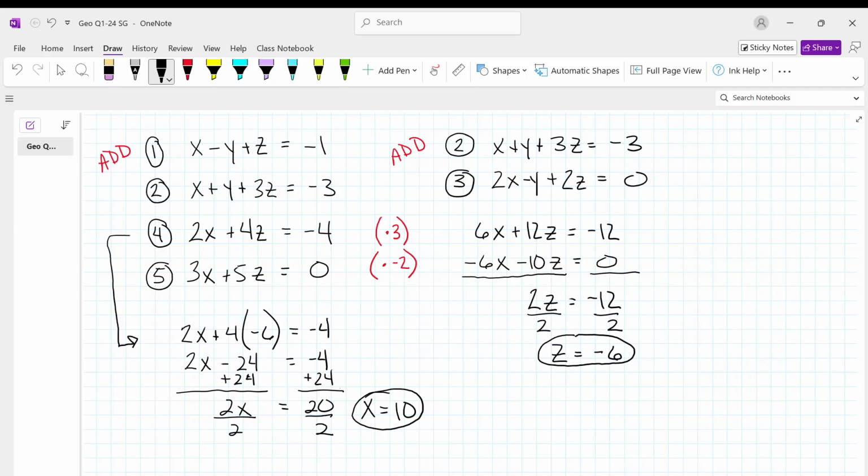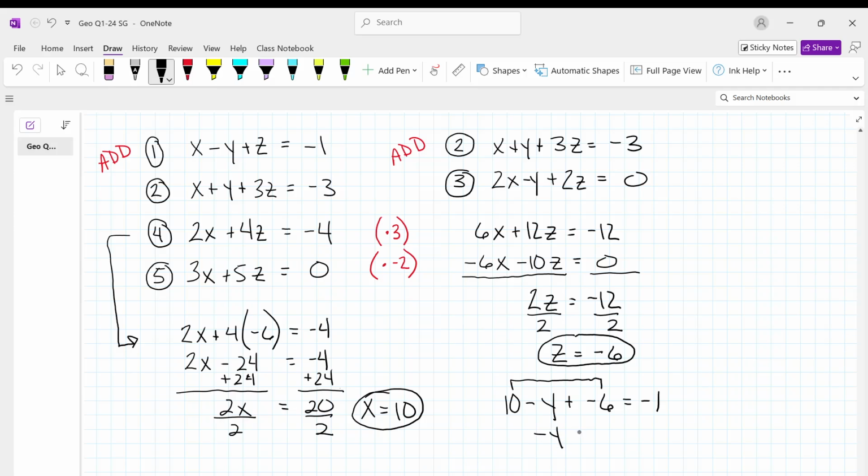All right, so we got an x that's equal to 10. We got a z that's equal to -6. I'm going to go back to the first equation and substitute to solve for y. So we're going to take 10 minus y plus z, which is negative 6, and that's equal to negative 1. Going to combine this 10 and negative 6.